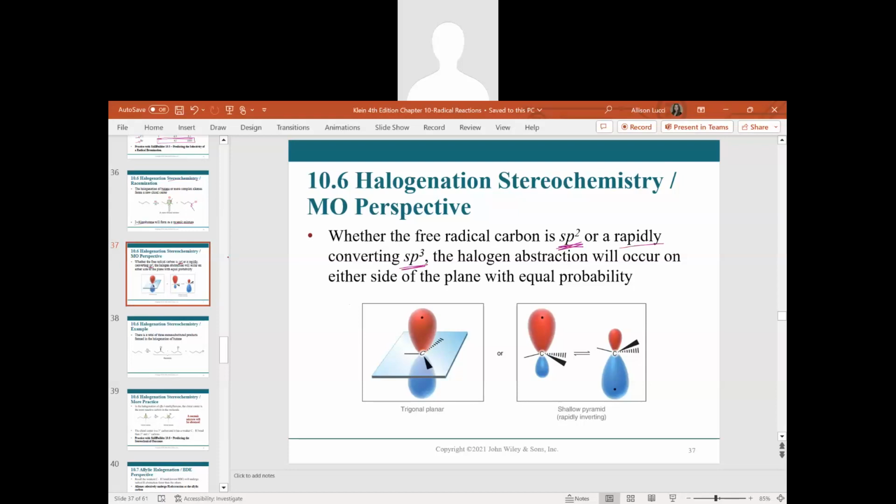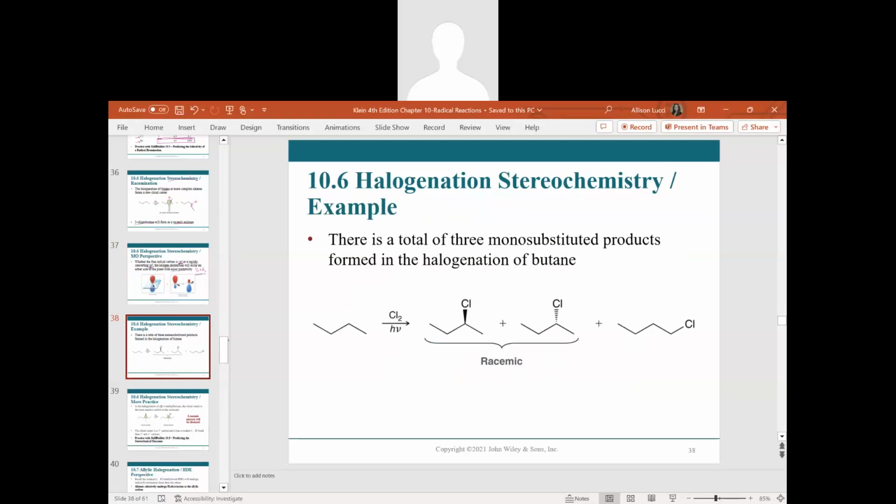We would get a halogen abstraction, or removal of hydrogen, on either side of this carbon, either side of the plane rather, with equal probability. So that's where we end up with S and R configurations in a racemic mixture. So this is the why, and this is what happens here.